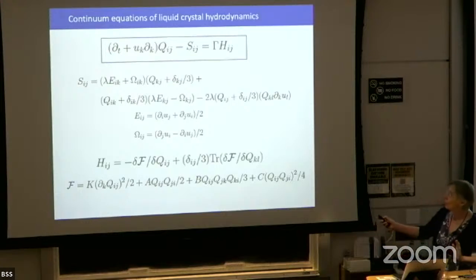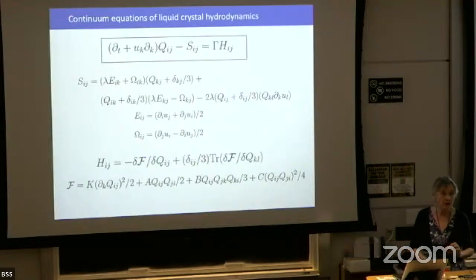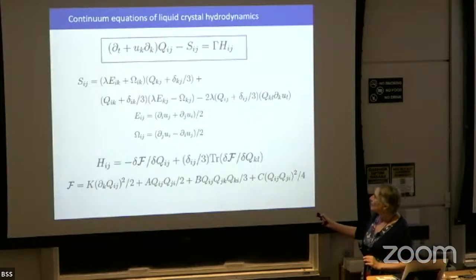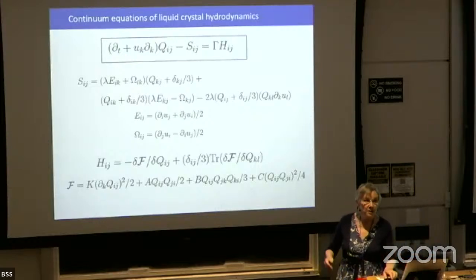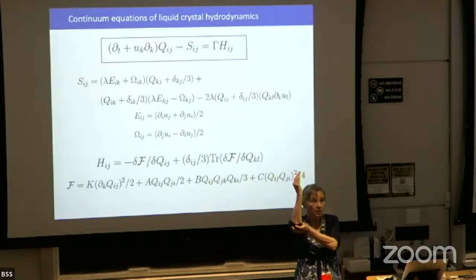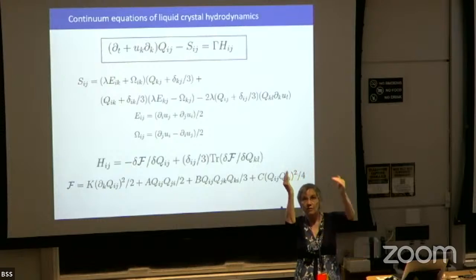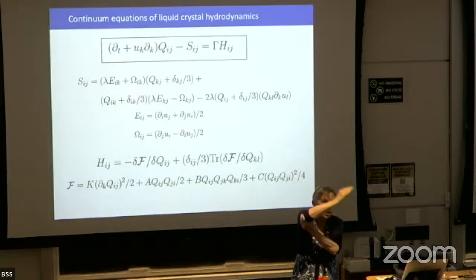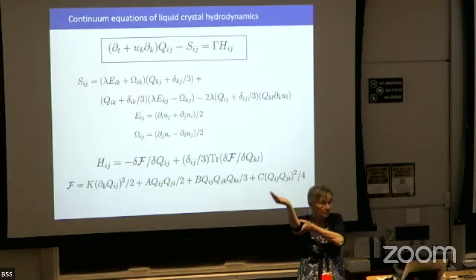So this is the normal total derivative, which tells you how Q evolves in time. Then this S thing here happens because of the shape of the molecules. A liquid crystal molecule has this shape. So every time there is a shear flow in the system, it's going to turn in shear flows.